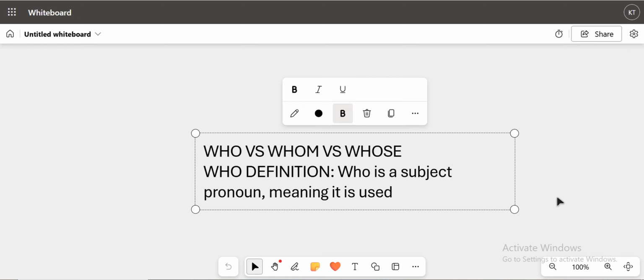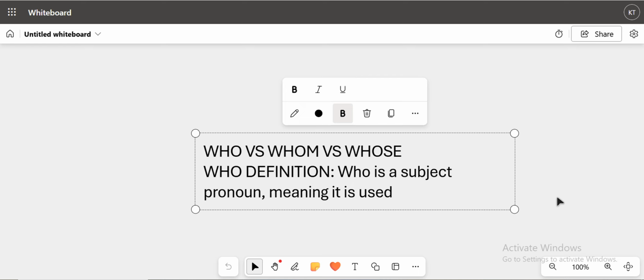Who is a subject pronoun. Now, this comes from the normal understanding of what a subject is in a sentence. A subject is the person who performs an action in a sentence. It could be a thing, but in most cases, it is a person who performs an action in a sentence.